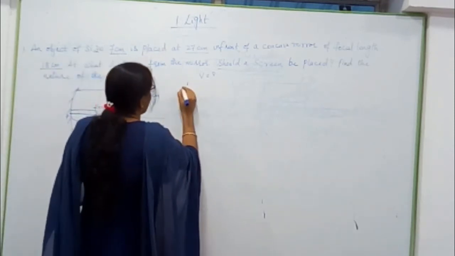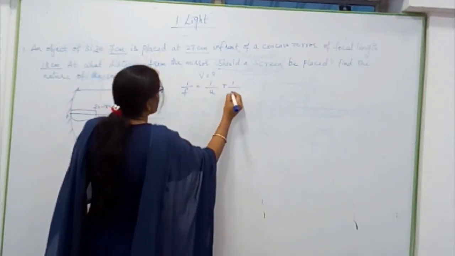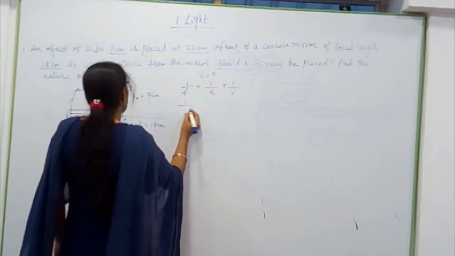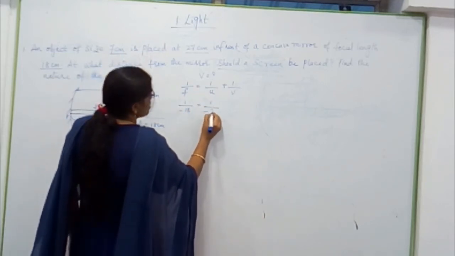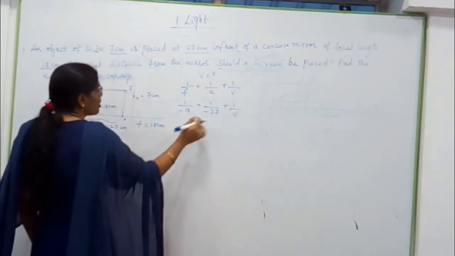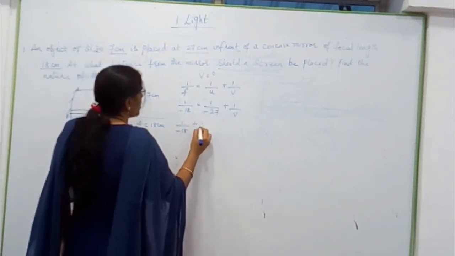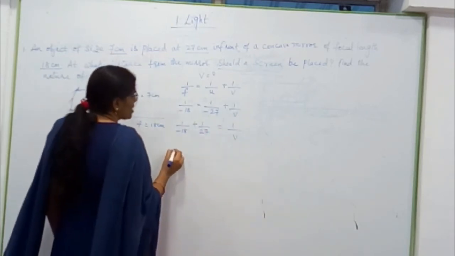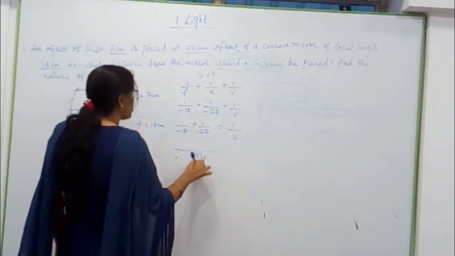Now you have the formula 1 by F equal to 1 by U plus 1 by V. We need to find V. 1 by F is minus 1 by 18, 1 by U is minus 1 by 27, plus 1 by V. I want V. Minus 1 by 18, take 1 by 27 to the other side, it will be plus. Now the LCM of 18 and 27 is 54.